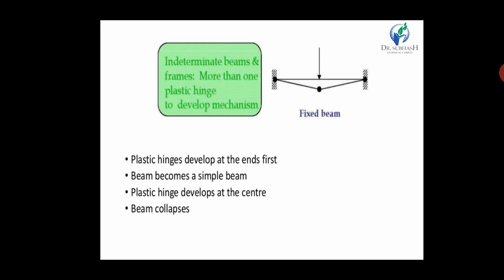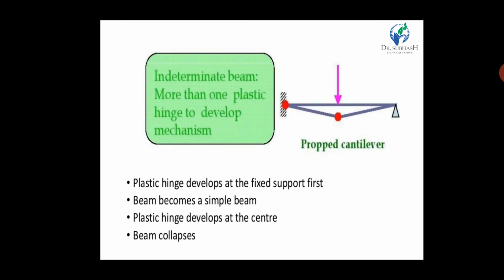Now our beam is intermediate, so we should provide more than one plastic hinge: one at the maximum bending moment, below the point load, and two at the different ends. So the plastic hinges develop at the ends first and the beam becomes a simple beam, and a plastic hinge develops at the center for the beam mechanism, or you can say beam collapse.